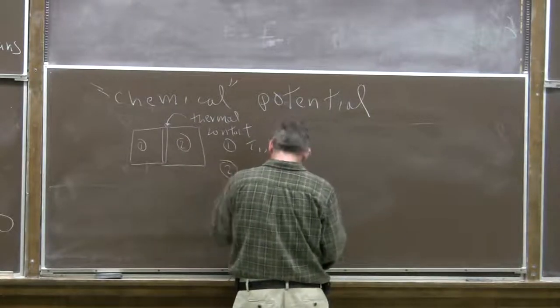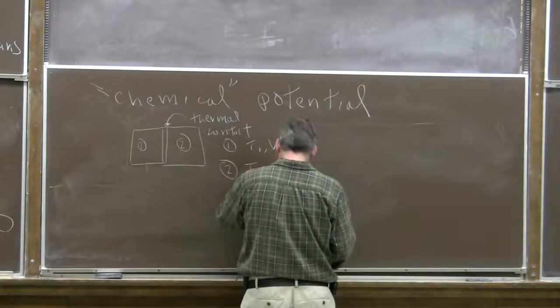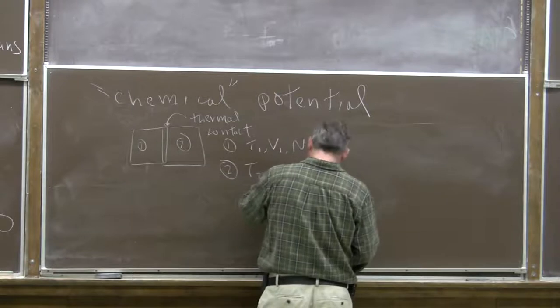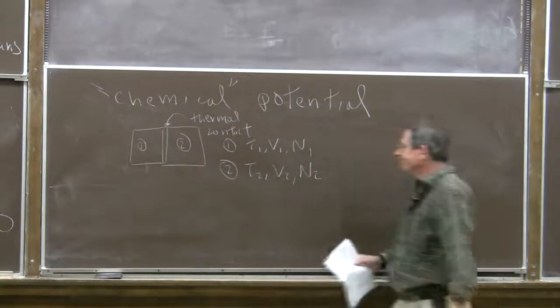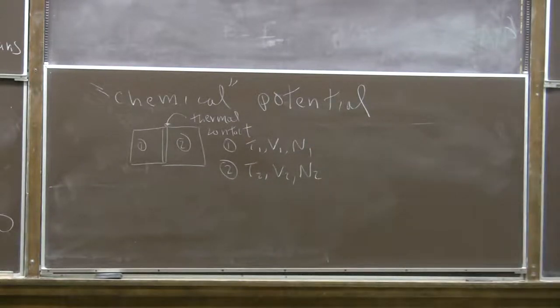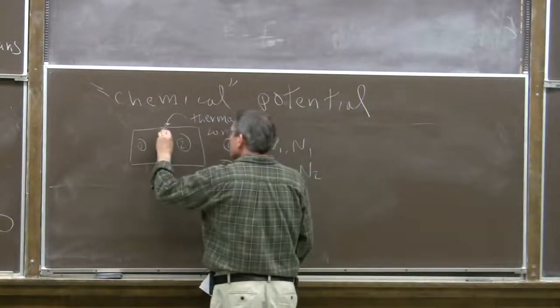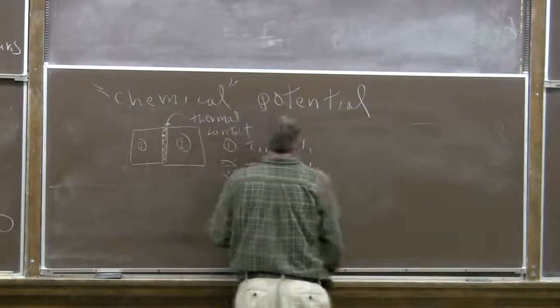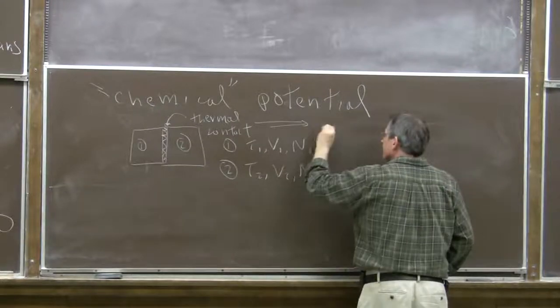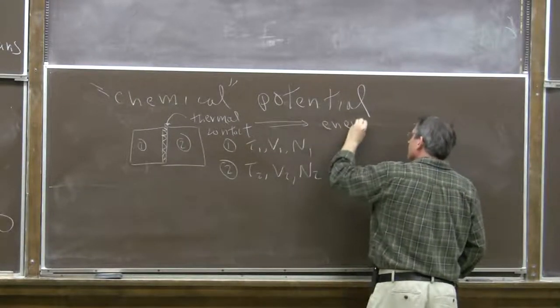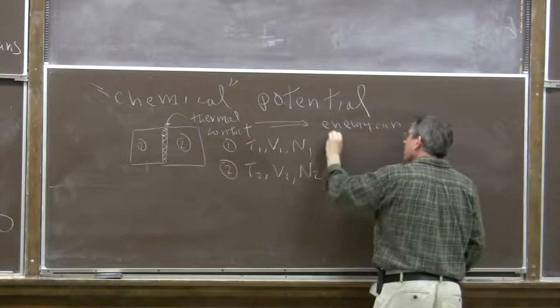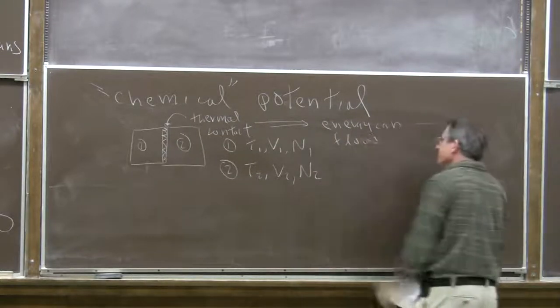I didn't talk specifically about the number of particles before, but now I want to. Then when thermal contact is established, energy can flow from 1 to 2 or from 2 to 1.